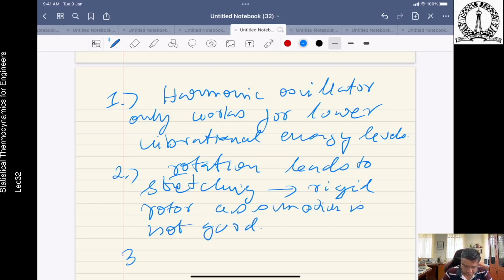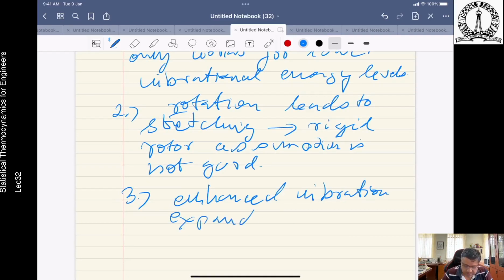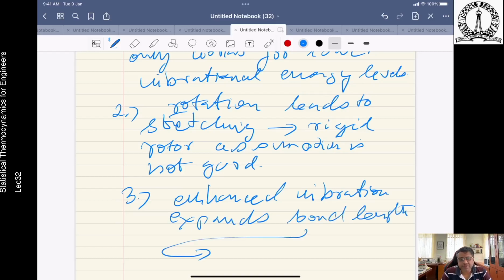And the third point, which is one of the biggest points, is that enhanced vibration expands the bond length, which further affects the moment of inertia.